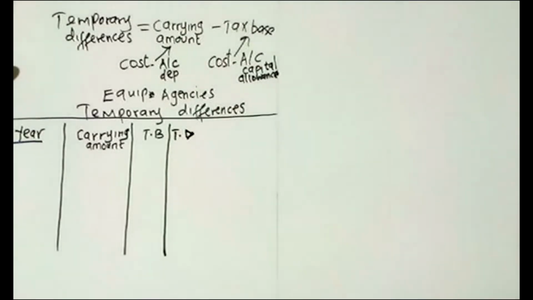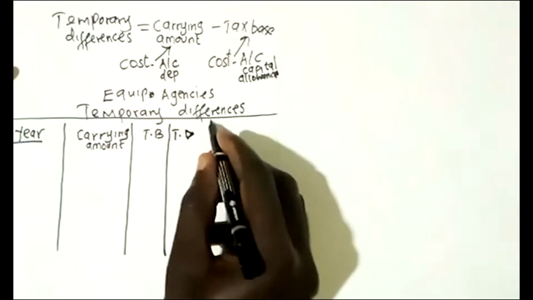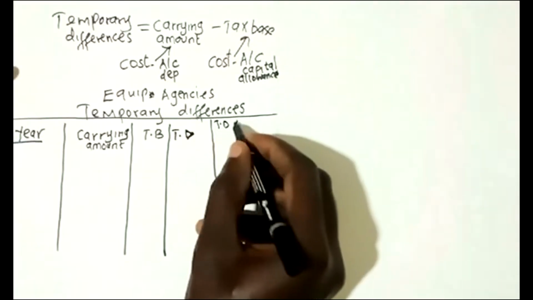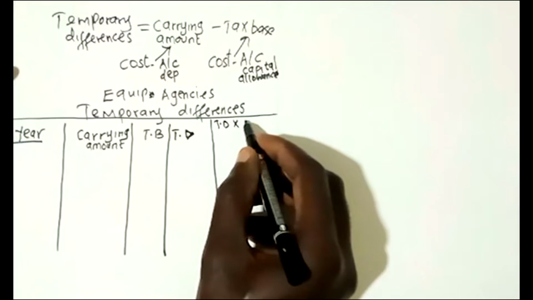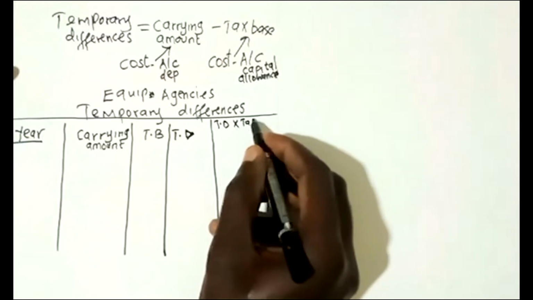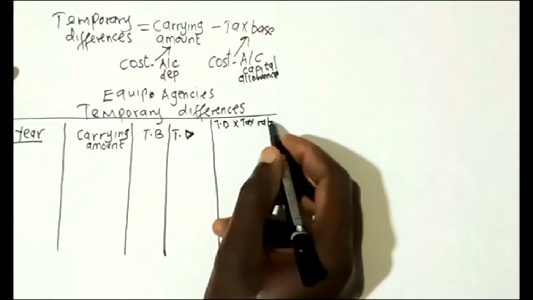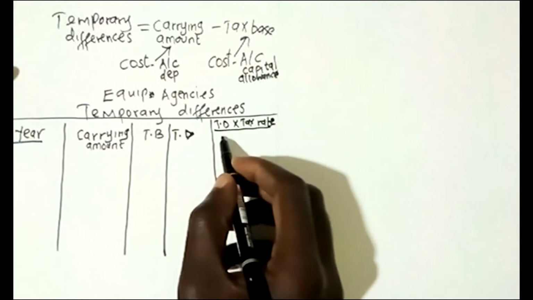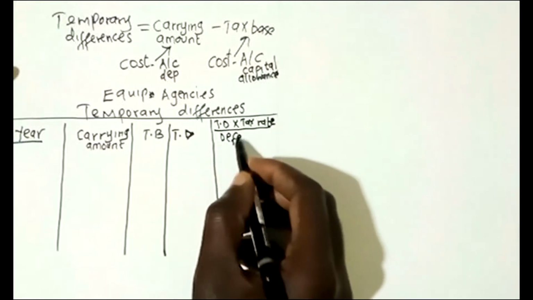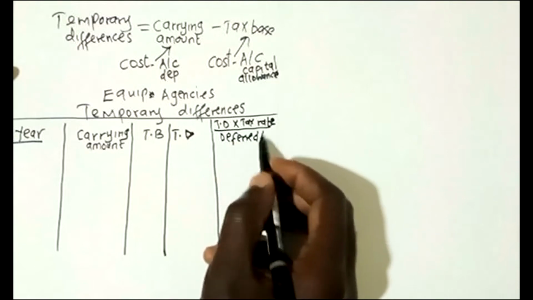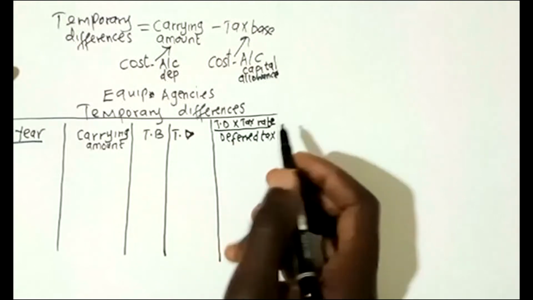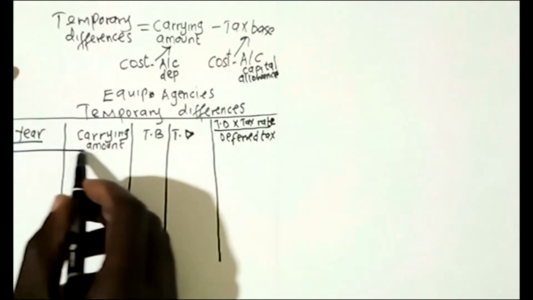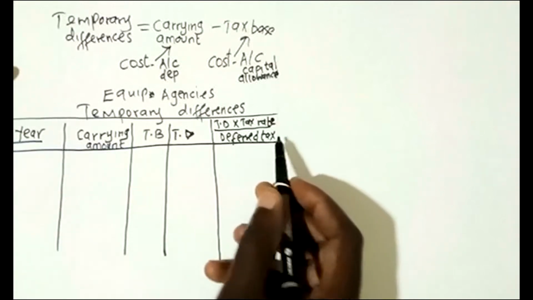If I take my temporary difference and multiply with the tax rate, I would get the deferred tax. And this will assist us to do the deferred tax account.